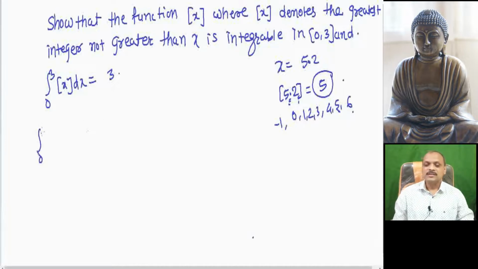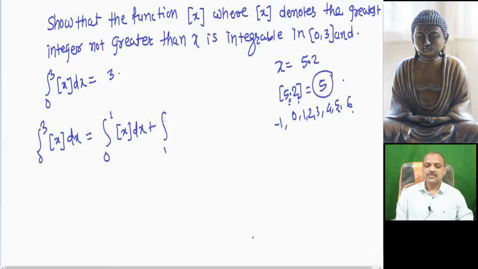So the greatest integer value not greater than 5.2 is 5. Okay. Similarly, therefore, this integration 0 to 3 of the bracket function x, we call it the greatest integer function, we divide this as 0 to 1 plus integration 1 to 2 and integration 2 to 3, right.